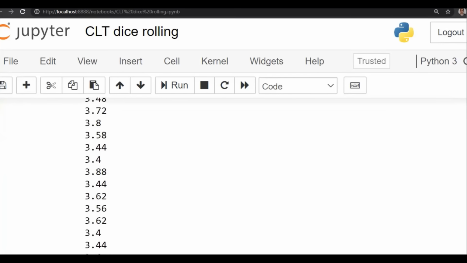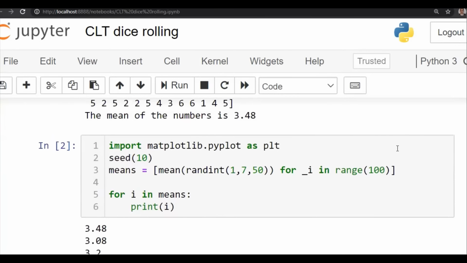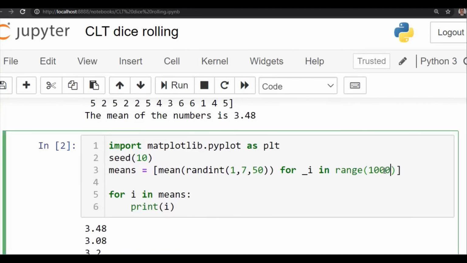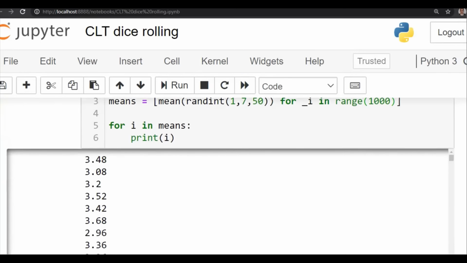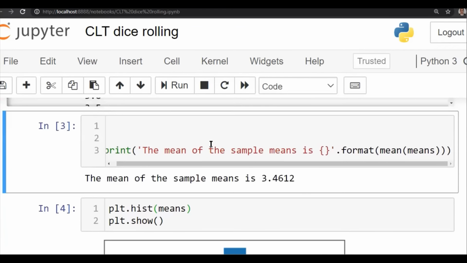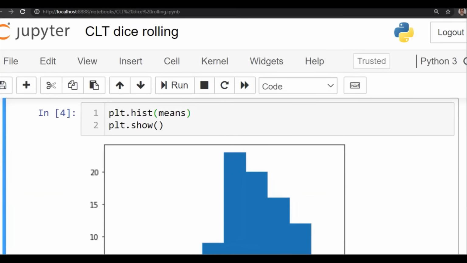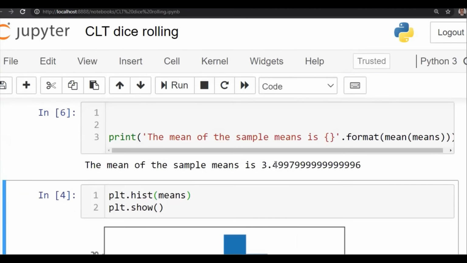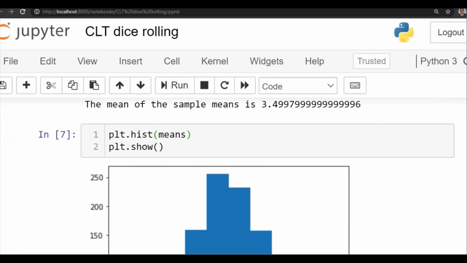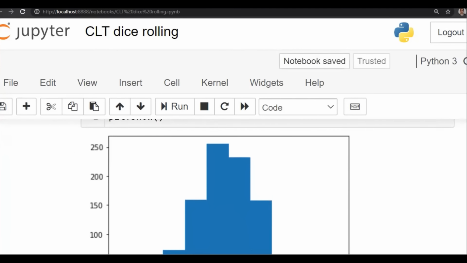Let's change n here. We'll make it bigger. You take 1000, run it. 1000 numbers now. Now do this one. Yeah, 3.499. We reached up to here. And then let me run this one as well. This is a bit better. This looks like normal.